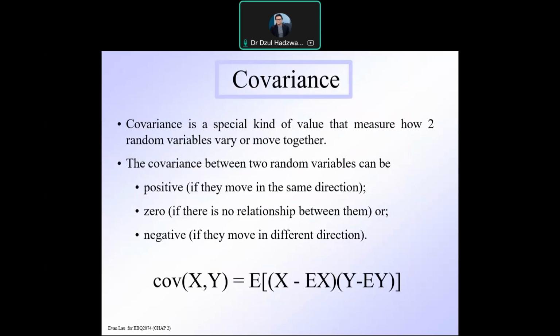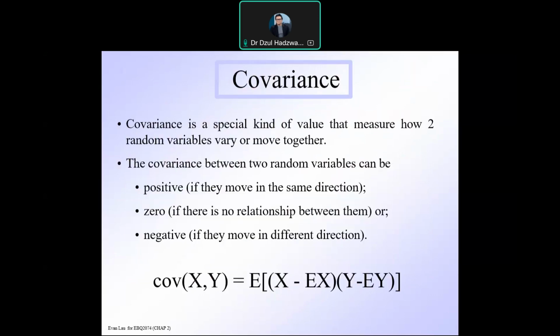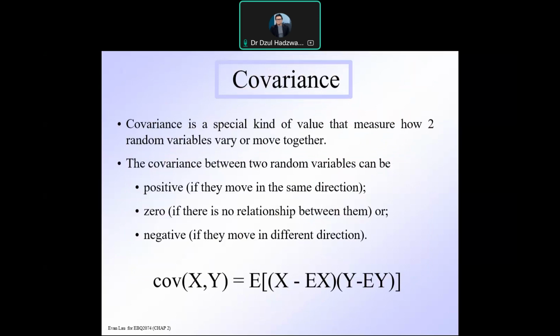Okay, another one is the covariance. Covariance and correlation also deliver the same information. The covariance here is talking about the relationship between two factors. Example, just now we collected the data for expenditure.